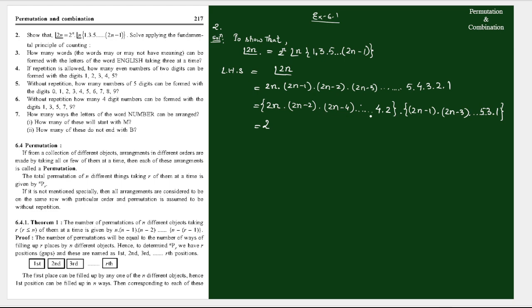There will be n number of 2's. So 2 multiplied n times, 2 into 2 into 2, how many times? If we get 2 into 2 into 2, we will have 2 to the power 3. Now it goes up to n, so it will be 2 to the power n. Got it?